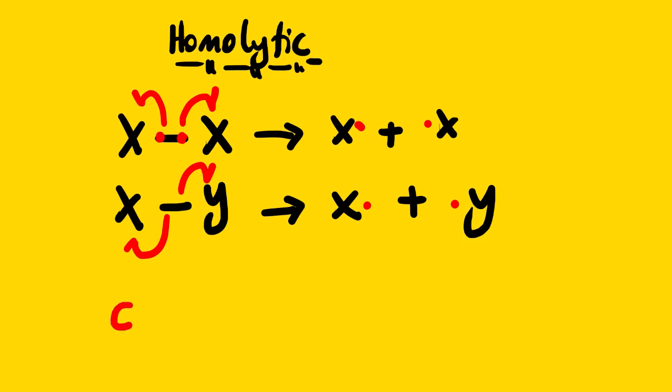Suppose we have chlorine atoms bonding with each other. Know that you're going to have lone pairs.